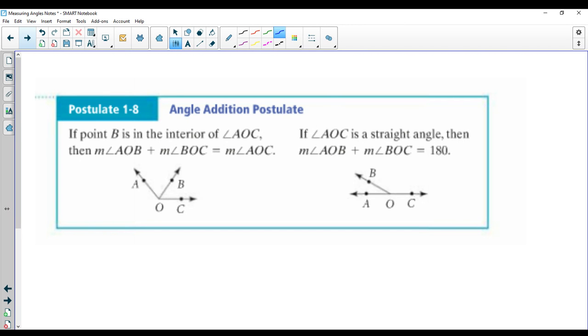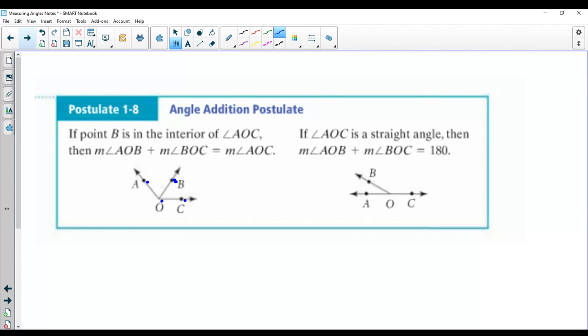So, here's 2 ways you can see it. If point B is in the interior of AOC, what that means is, right here's angle AOC. This point B is inside this angle, so it's between these 2 rays, okay?